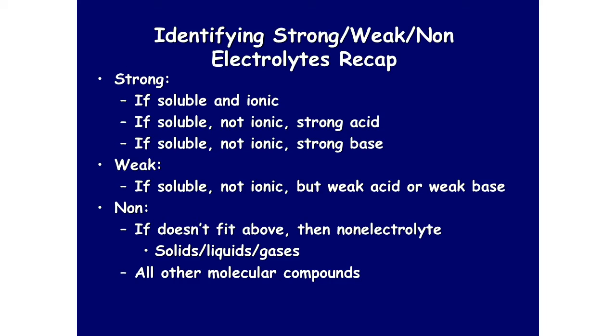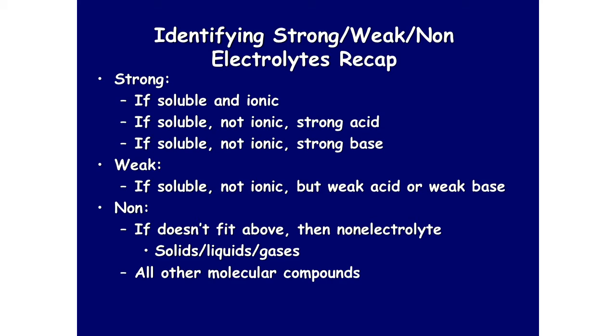So the reason why this is important is we need to be able to look at a species and know if it's going to exist in solution as a molecule, like sugar, because it would stay together, or if it's going to exist as separate ions, like sodium chloride is going to exist in solution as separate sodium ions and chloride ions.